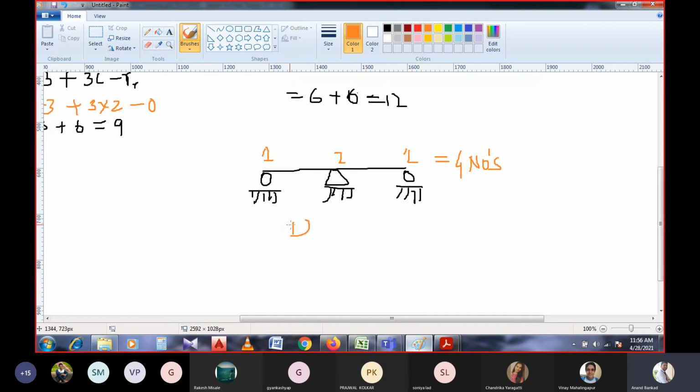So DS will be R minus 3. That is 4 minus 1. That is nothing but, there are 3 degrees of statical indeterminacy for the structure. However, we don't have any closed loop. Sir, 4 minus 3. Okay, very good. 4 minus 3, that is 1. So 1 degree of statically indeterminate.